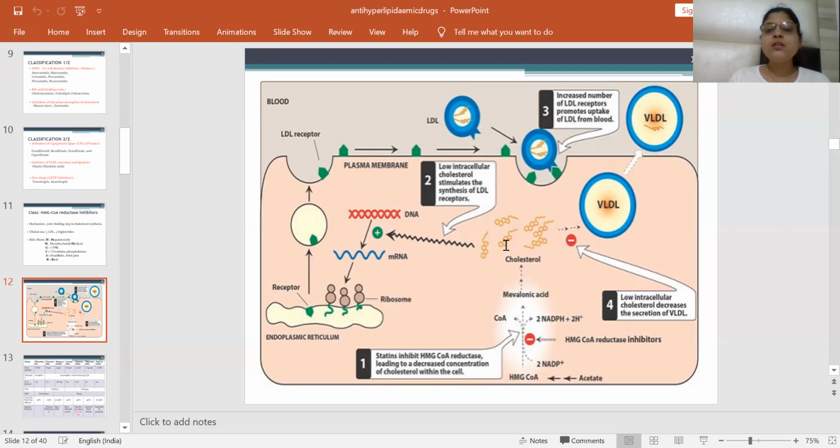Then lower intracellular cholesterol will stimulate the synthesis of more low density lipoprotein receptors on the surface of the liver. Increased number of LDL receptors will promote the intake of LDL from the blood into the liver, and low intracellular cholesterol will also decrease the secretion of VLDL into the blood circulation.